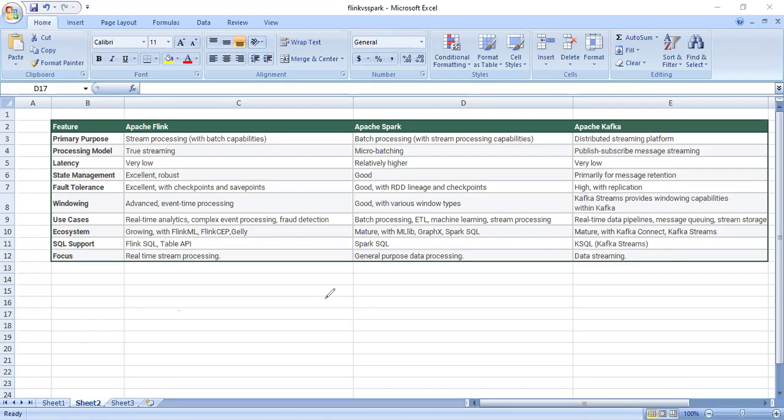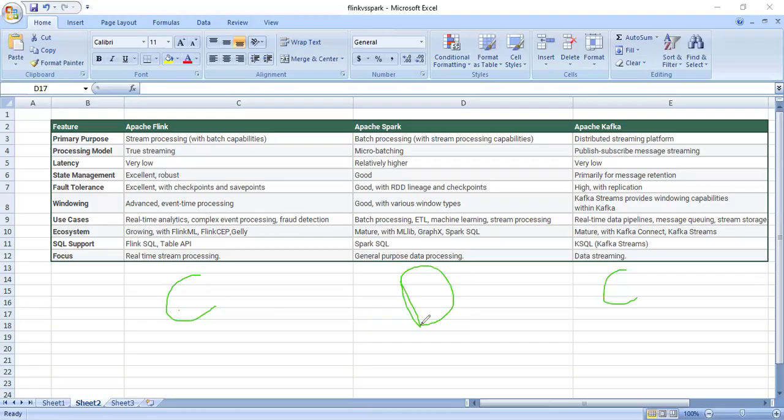Before going to the differences, let us check who the enterprise grade vendors for these technologies are. For Apache Kafka, we have Confluent, and recently Confluent has acquired Flink as well. So the enterprise grade solution for Kafka and Flink is provided by Confluent. The enterprise grade provider for Spark is Databricks.